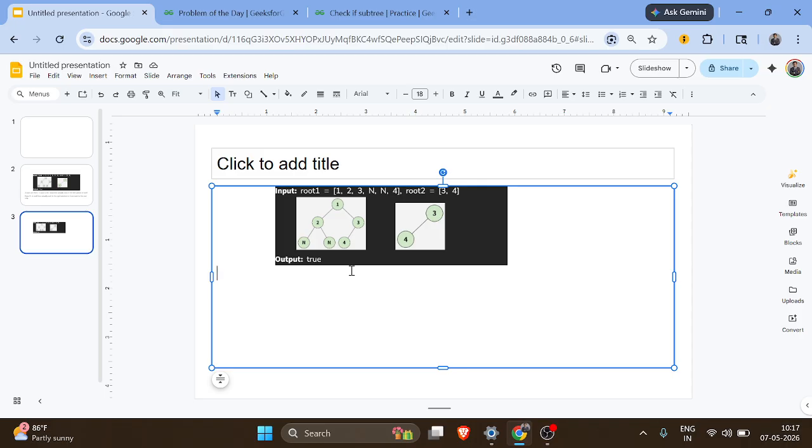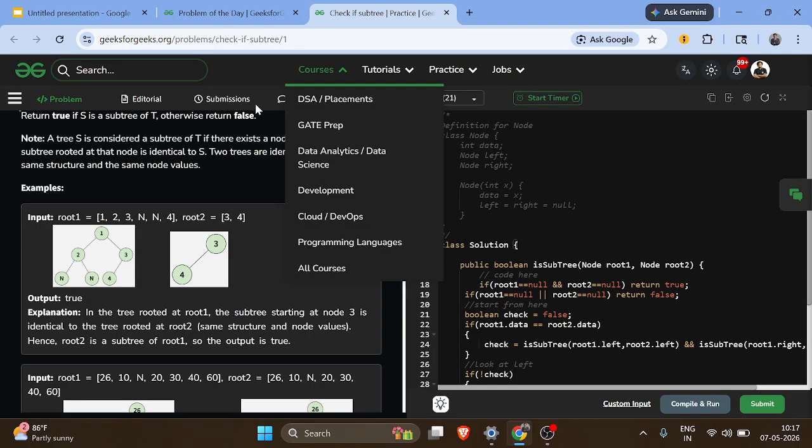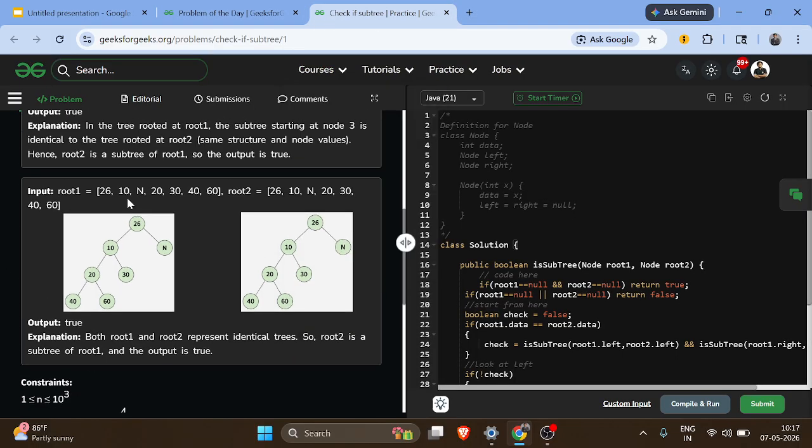It means that if you carefully see the second case also, then if we initialize root 1 or root 2 from 26 only, there is a possibility, like I have said in the third case, that if the root 2 value equals the root 1 value, root 2 is starting from here.